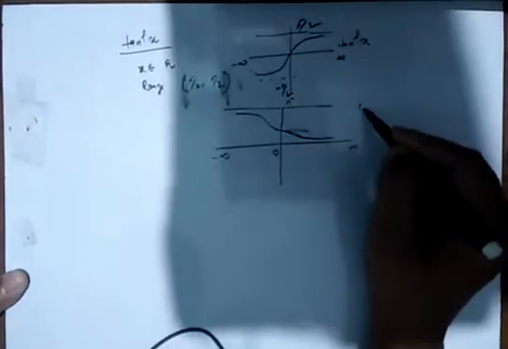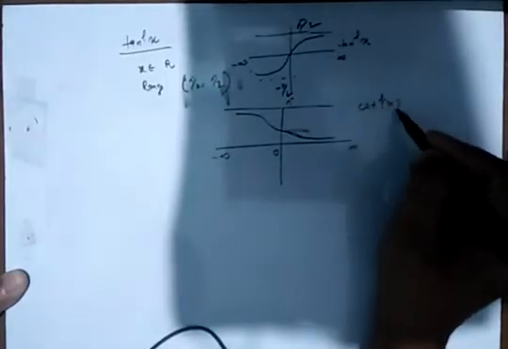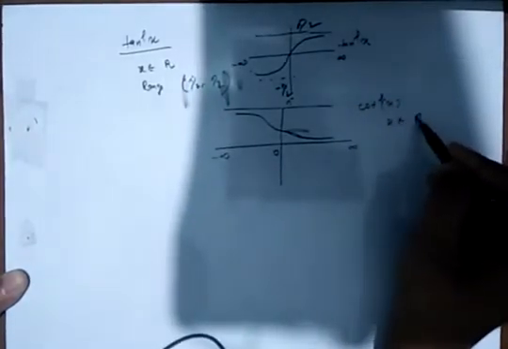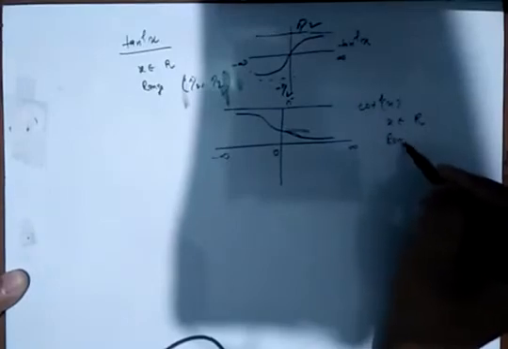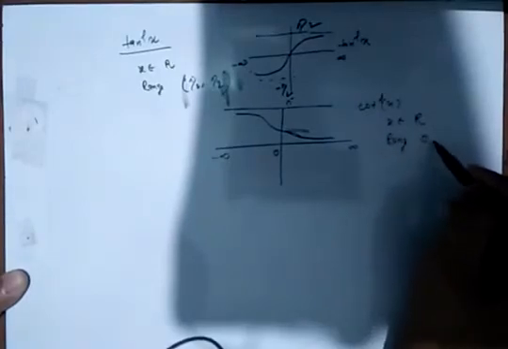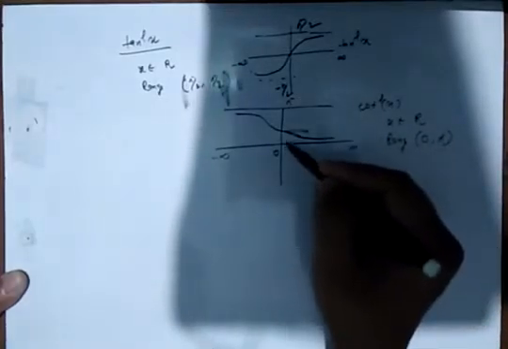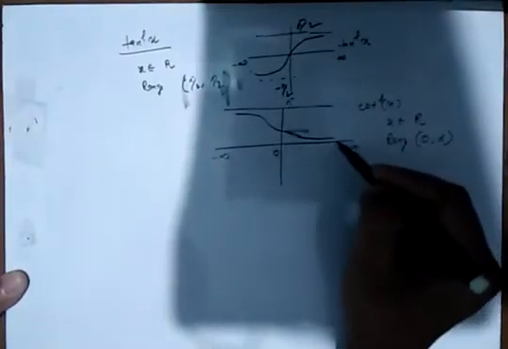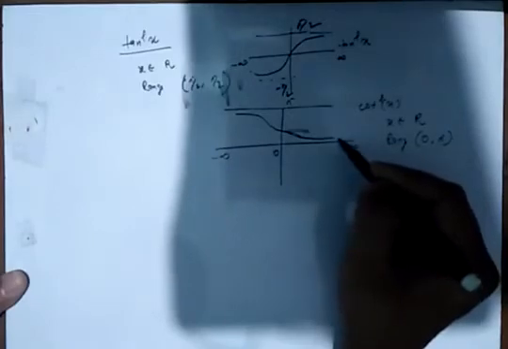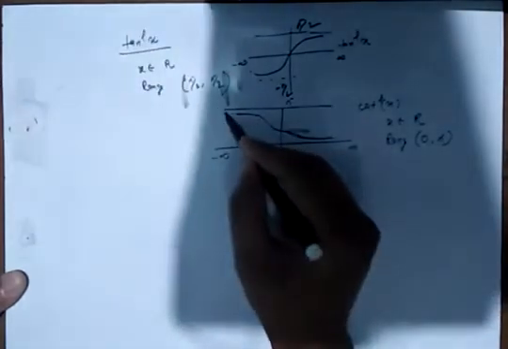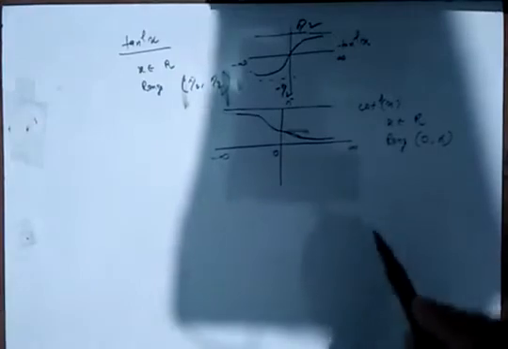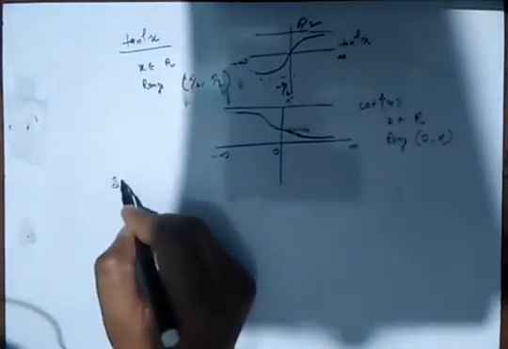That is for cot inverse x. X belongs to all real numbers. Range is what? 0 to pi. We are not taking 0 and pi because the curve tends to these values along the axis, as x goes from minus infinity to plus infinity.